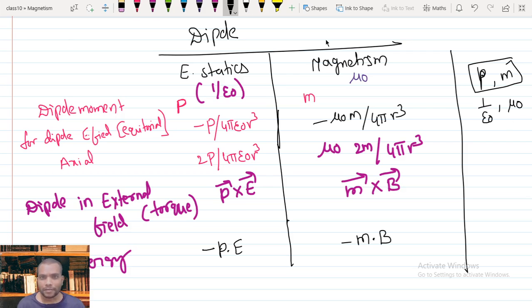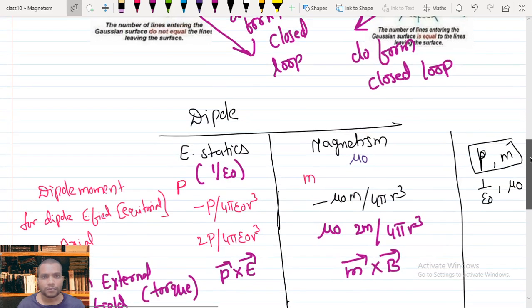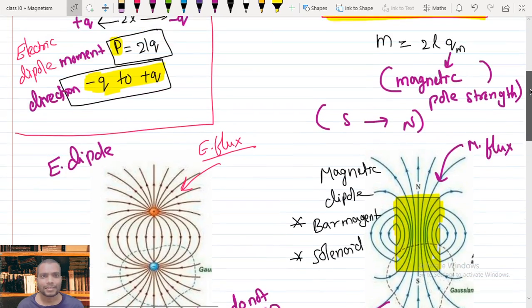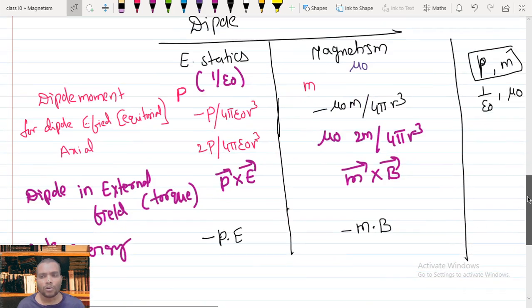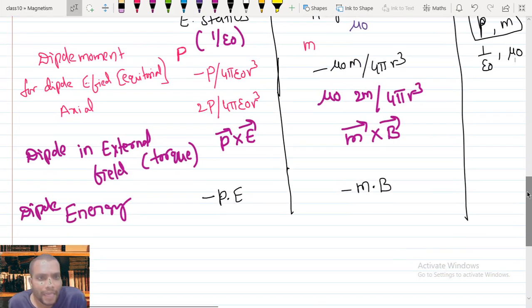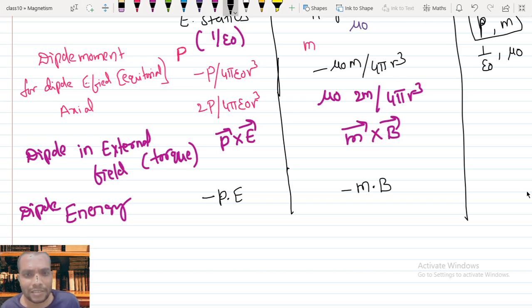So when you compare the electrostatic dipole in all the cases, from the beginning through the whole concept of the dipole, the equatorial and axial electric field strength and magnetic field strength, and above that the torque experienced by a dipole in an electric field and similarly in a magnetic field, and the dipole energy also, you can see a lot of similarities, especially in the concept of dipole.